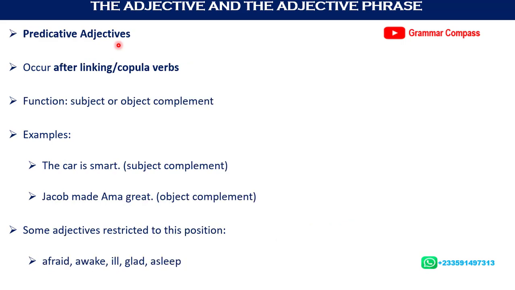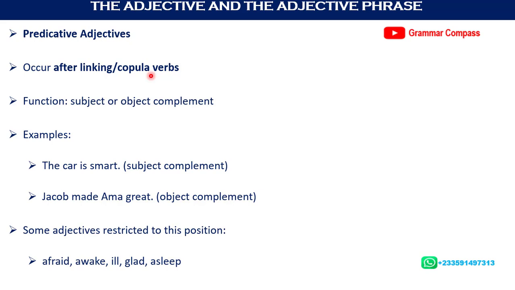Now, if attributive adjectives occur before the noun head, what is the position of predicative adjectives? So these are the adjectives that occur after linking or copular verbs. We mentioned examples of linking or copular verbs like become, seem, appear, is, was, were.